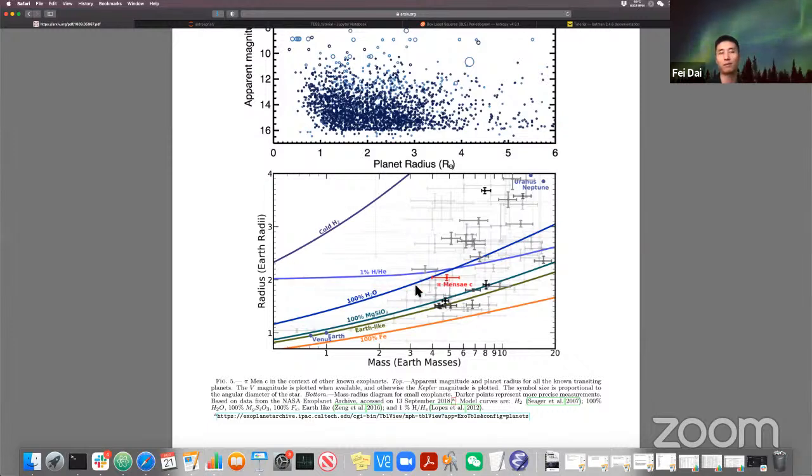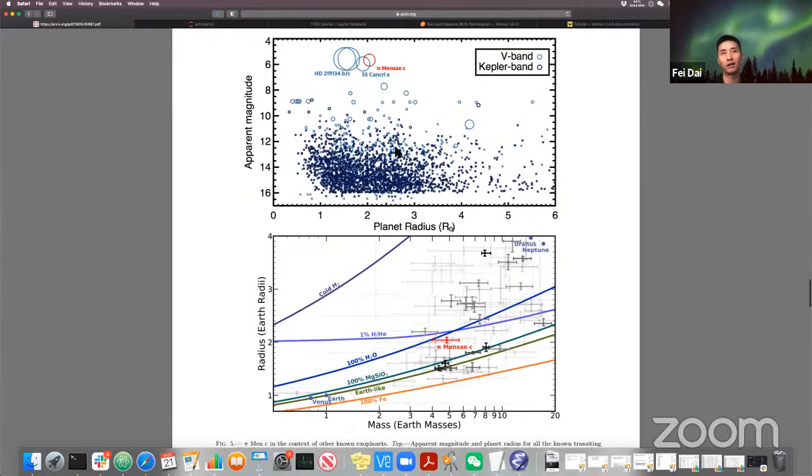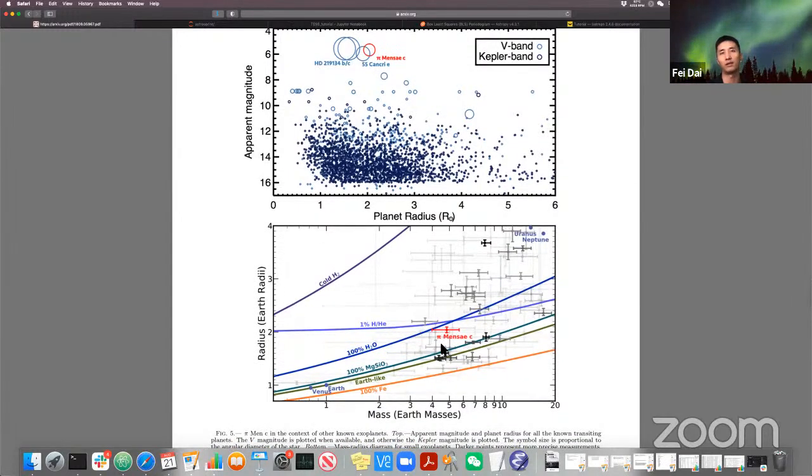It can be made up of some amount of water on top of a more Earth-like core, or the other possibility is it may be made of a more iron-rich core on top of which you have some amount of hydrogen helium envelope. So this degeneracy cannot be broken by just looking at the mass radius curve. You have to go out there and do this transmission spectroscopy study to look at the atmosphere. And this is, I think, what the community is going to do in the next few years for this planet.